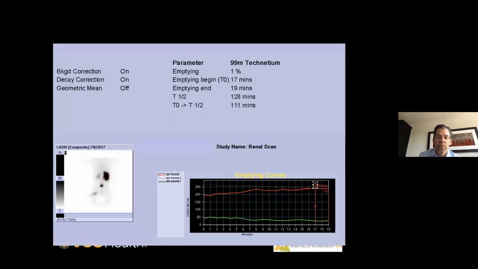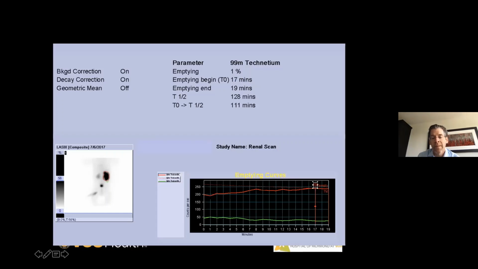Function is decreased. It's at 42. The drainage curve, again, in peds, we don't really look at the times as much as we used to. When I was a fellow in the early 2000s, we looked at this. We don't look at this now. We look more at the curve. You can see the green here is the region of interest that they're measuring.